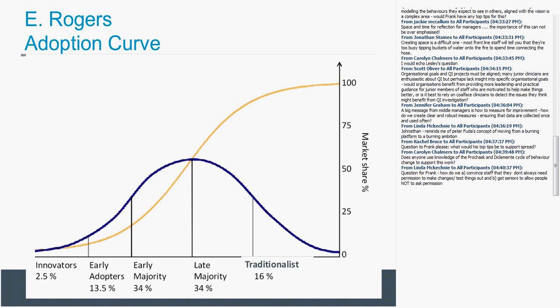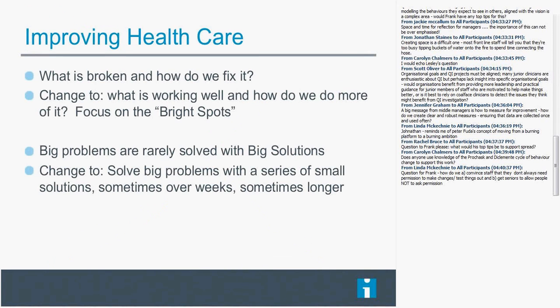So it's important that as you begin your work and you think about improvement, think about where you will find people on this curve, and then appeal to that, because the innovators are the ones who are always looking for the innovation and are always at the cutting edge, but get bored very quickly. They look for something new. The early adopters are the people who will take this on and get the bright spots and become your ambassadors to teach others, and then the early majority, etc. There will always be the traditionalists, and you have to deal with those people in a very different way than you would with anybody else on that curve.